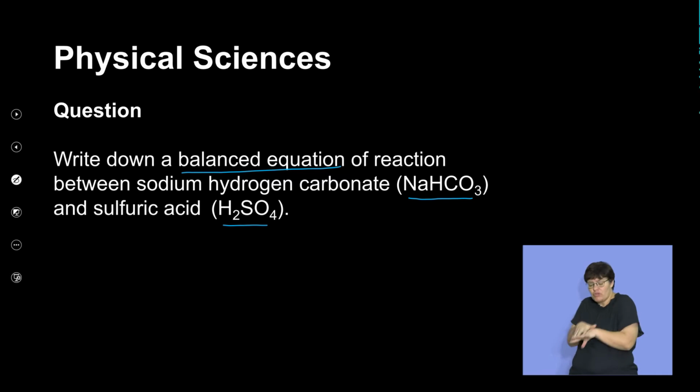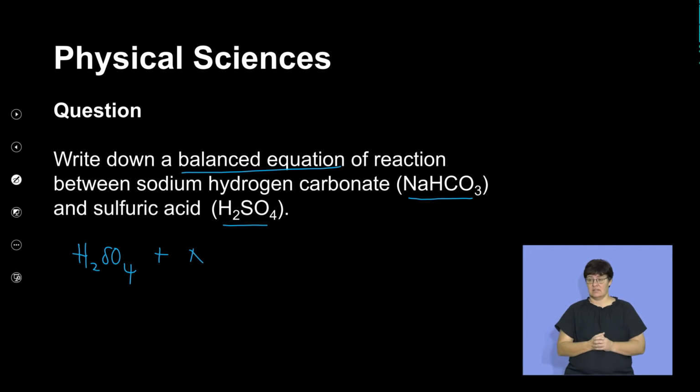In the first case, this is a metal carbonate plus an acid. So it's a type of reaction. So what are our reactants? Our reactants are sulfuric acid, H2SO4, right? Plus sodium hydrogen carbonate, okay?